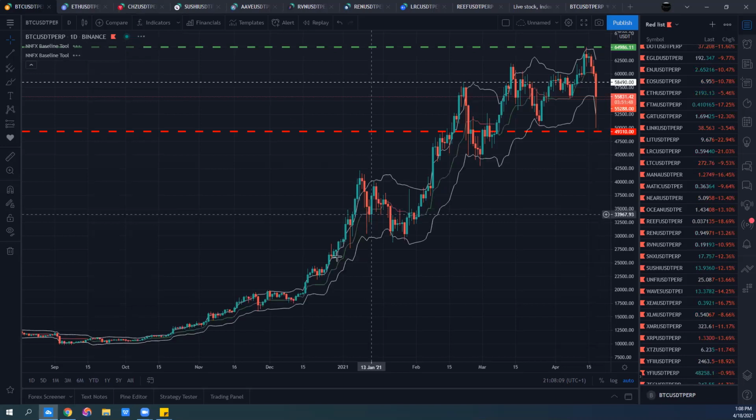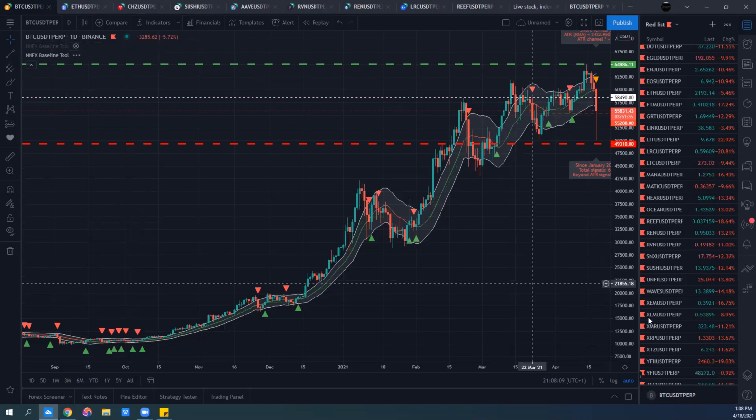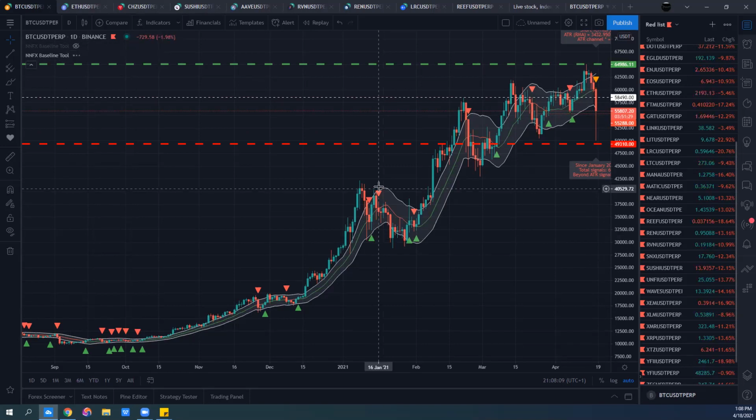This thing is really slow. Now it's done. Okay. Now if you look at it, you will see green arrows, then red arrows on the top. What the green arrow is telling you is a buy signal. What the red arrow on the upper part of the channel is telling you is a sell signal.